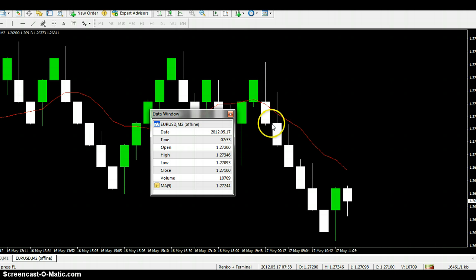In the very next candle, the trade moved in our favor, so it went to 2710. At this point in time, the moving average is at 2724. The previous candle is in the range of 2730 to 2720. The existing candle is in the range of 2720 to 2710. The moving average is at 2724.